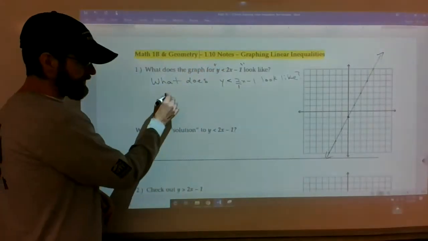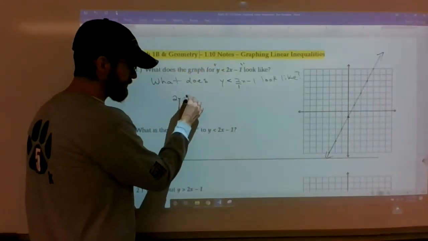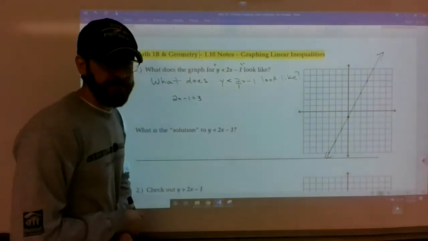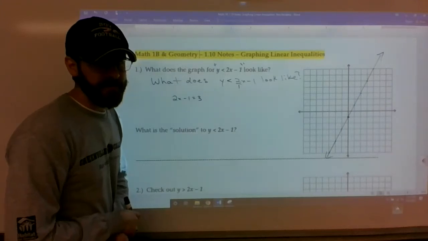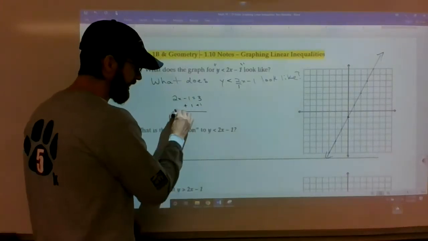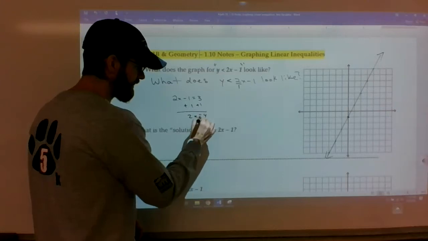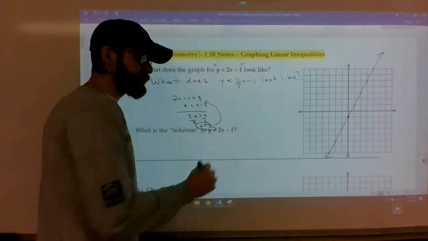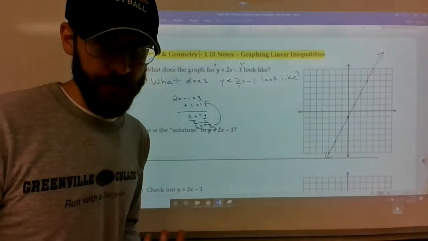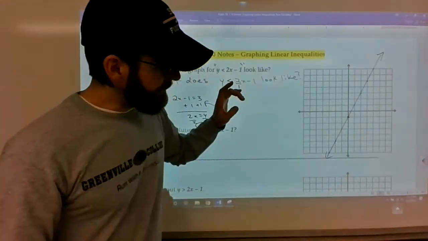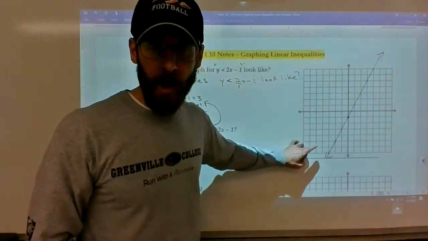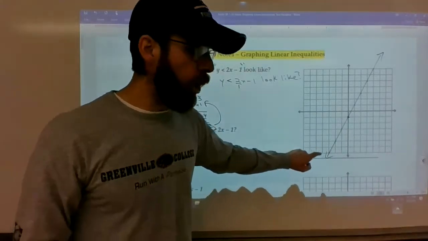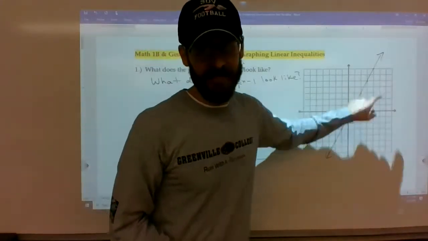Remember back in the good old days when it was something like 2x minus 1 is equal to 3, and you just add 1 to both sides and divide by 2? Your solution would be x equals 2.